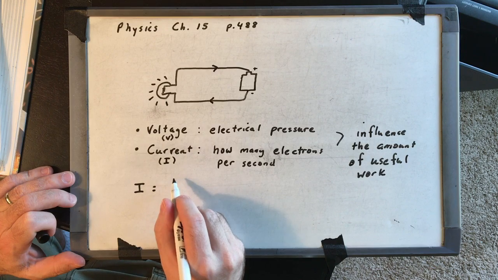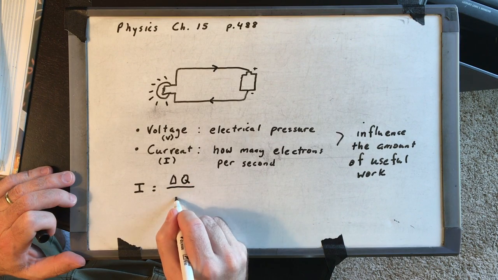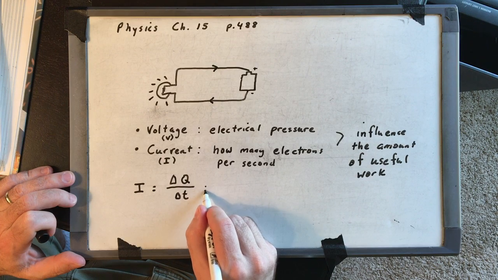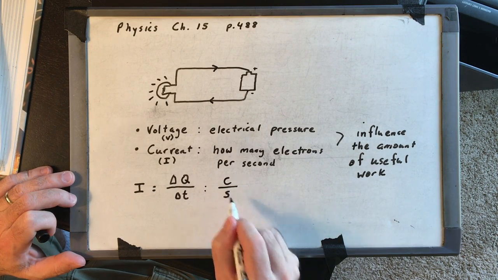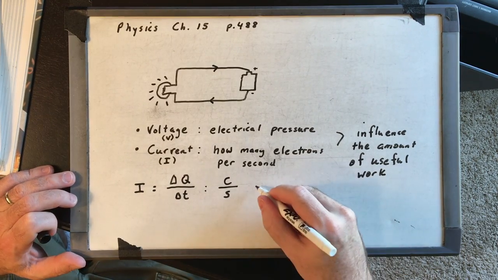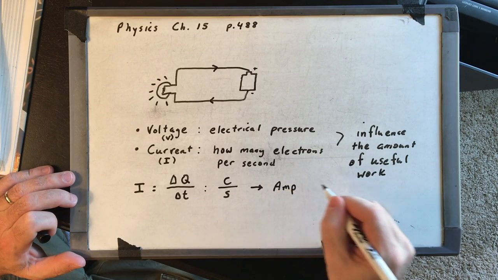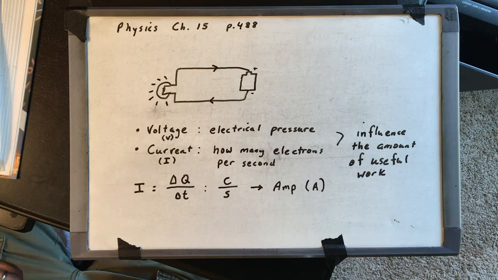And I is going to be the change in charge over the change in time, okay? And the unit for that, charge would be coulombs, and time would be seconds. So coulomb per second, we call that an amp. And we'll use the letter A to represent amp.